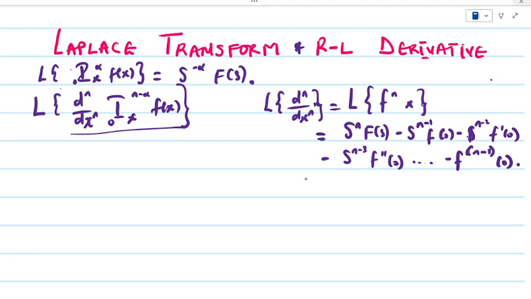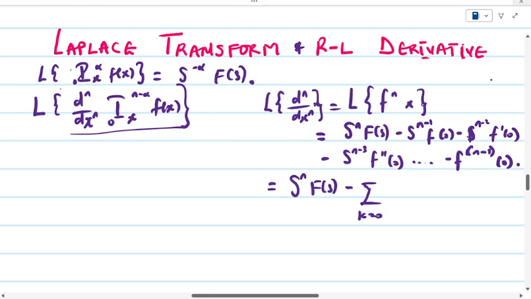If we take the sum of this, we have s^n times the Laplace transform of f of x, minus the summation from k equals 0 to n minus 1 of s^k f^(n-1-k) of 0.